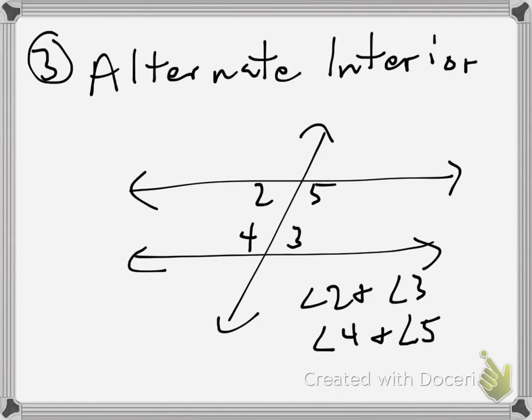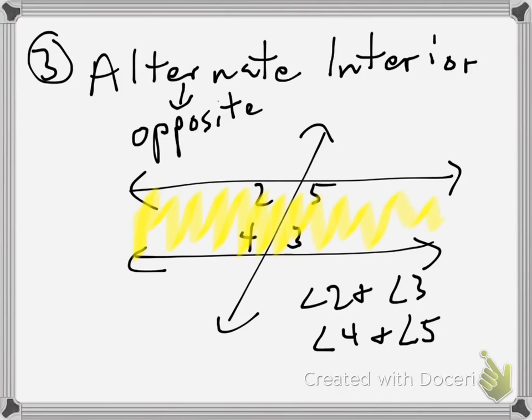Alternate interior angles. Now, alternate really means opposite. And when I say opposite, I mean opposite sides of the transversal. Now, if these are alternate interior angles, that means that our focus has to be between the two lines. Well, angle 2 is on the left side of the transversal, and angle 3 is on the right side.